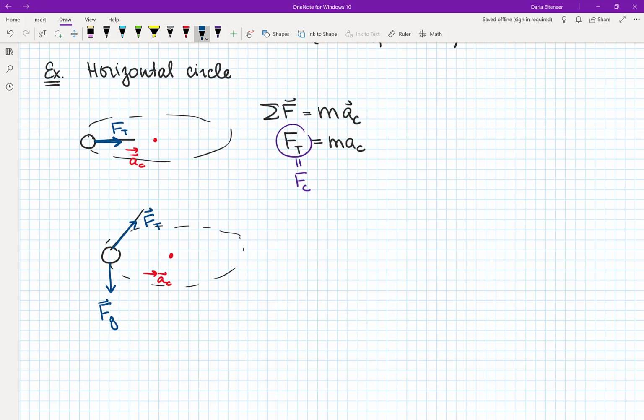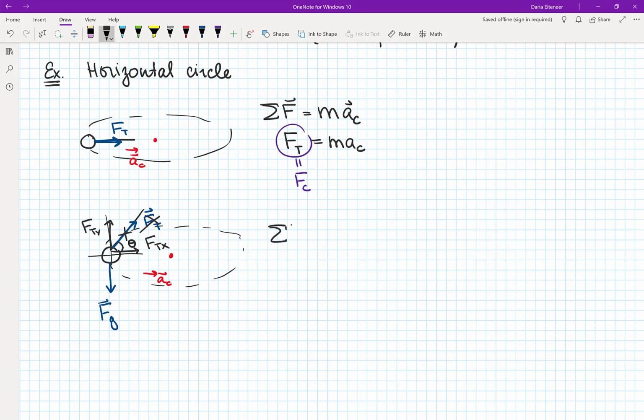Now what I would do here is break up the force of tension into a horizontal component and a vertical component. Right, so this is Ftx, Fty, and maybe you can define that angle as theta, right?